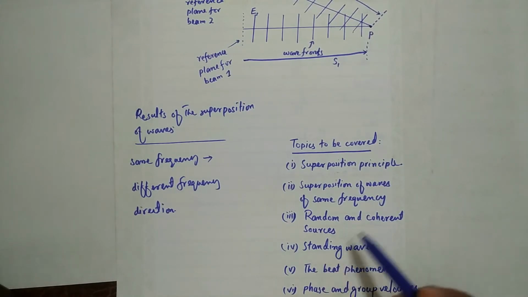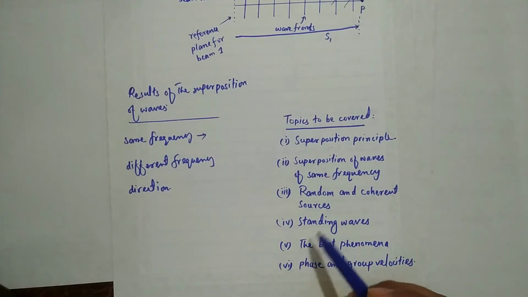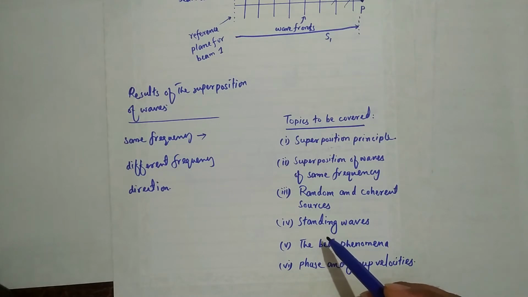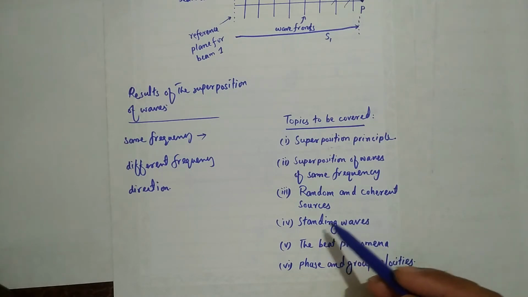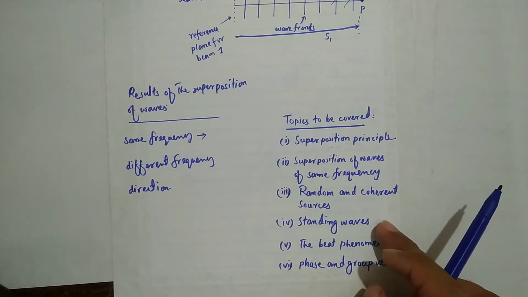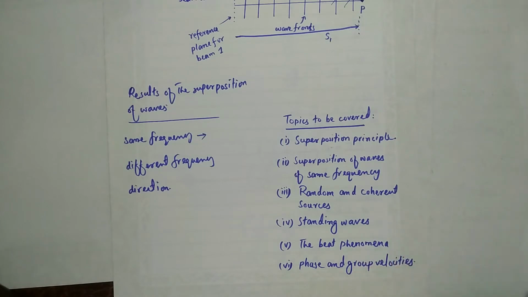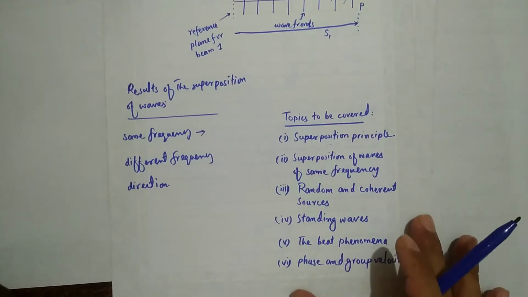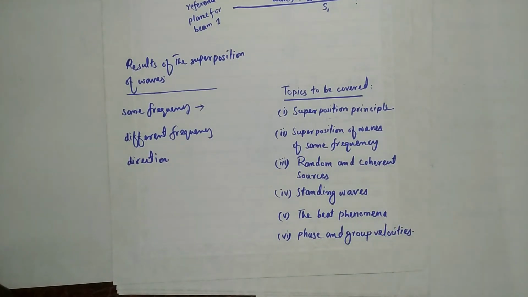In the next part we will discuss standing or stationary waves, which result from the superposition of two waves of the same frequency traveling in opposite directions. The next is the beat phenomenon, which is the result of the superposition of two waves of slightly different frequencies. And at last we will know about phase and group velocities.